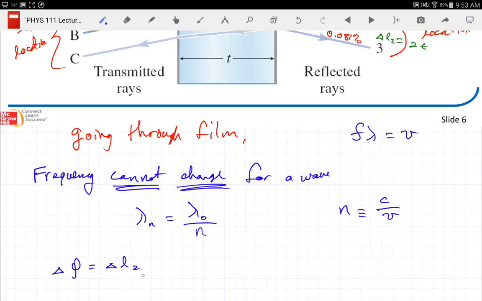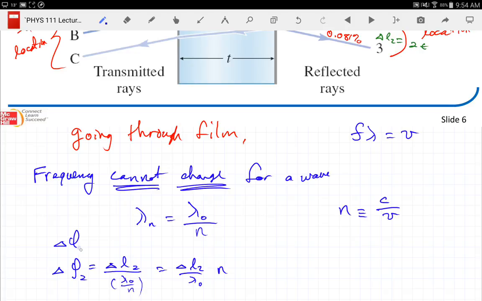delta L2, the length, and then I'm going to have to make a correction for wavelength. How many wavelengths is that? Well, it would be that length divided by the wavelength in the material. That's how many wavelengths it would be. So 1 wavelength, 2 wavelengths, 3 wavelengths, etc. And so that's the change in phase for the second one.